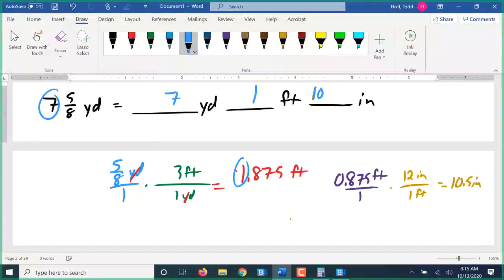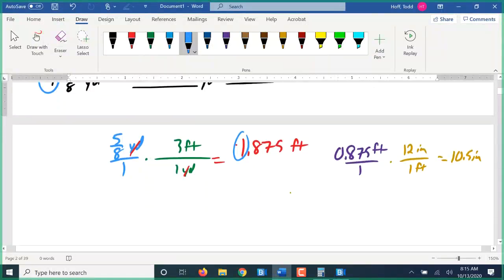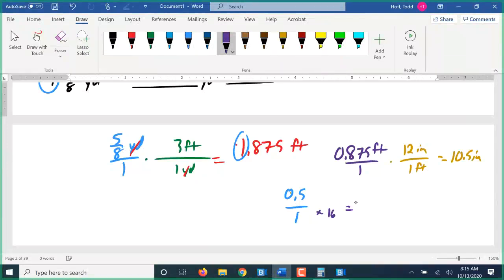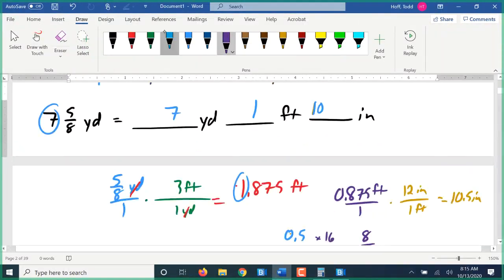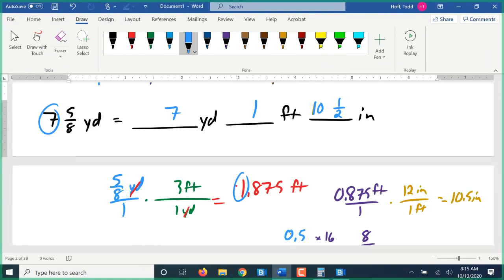Now the 0.5 inch we can probably guess is going to be half an inch. But let's do the conversion anyway. 1 times 16 is 16. 0.5 times 16 is 8. So that is 8 sixteenths, which reduces to half an inch. So 7 and 5/8 yards become 7 yards, 1 foot, 10.5 inches.